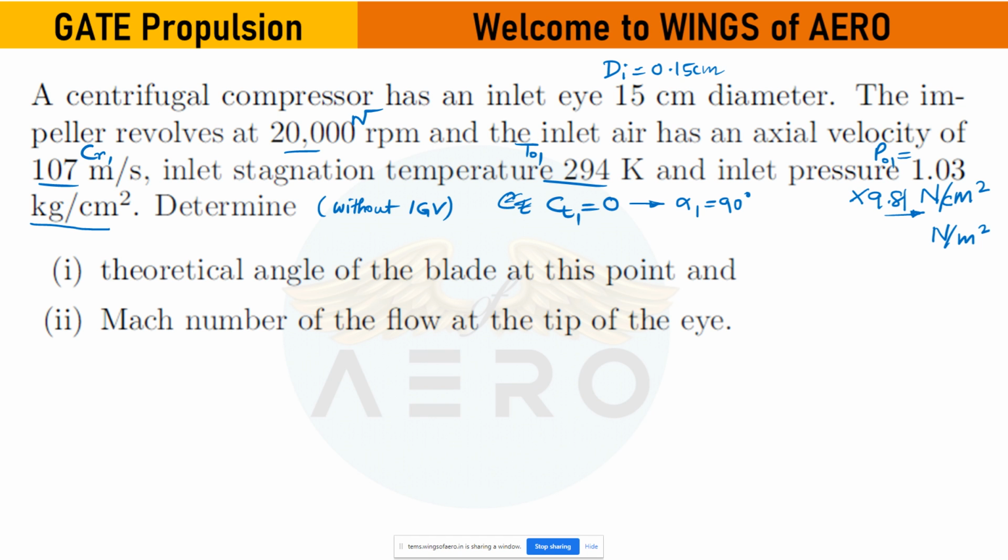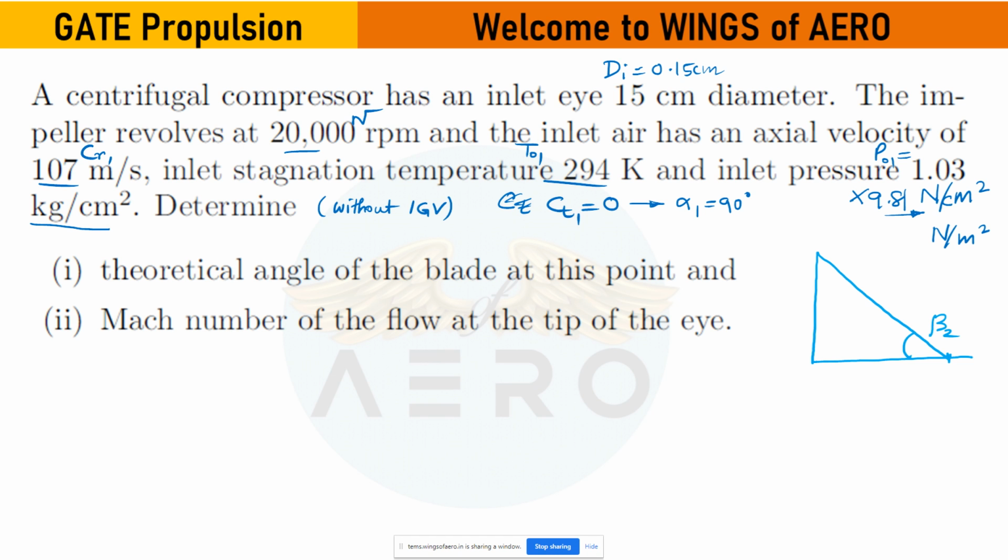That means if alpha becomes 90 degree, CT becomes 0. Okay, this beta 1 is 34.26 degree.